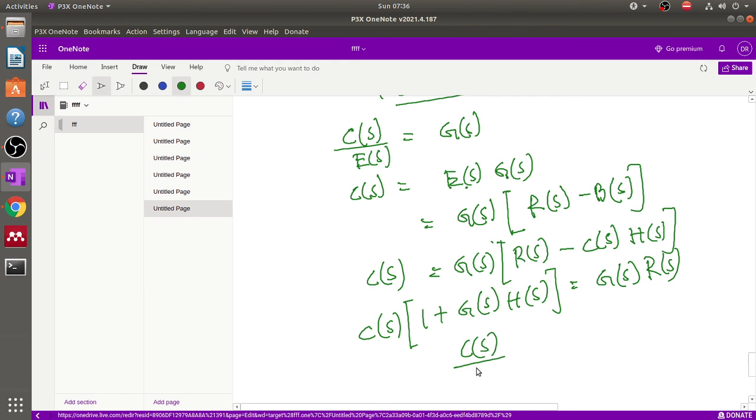Now CS by RS is equal to GS, the open loop gain, divided by 1 plus GS into HS.